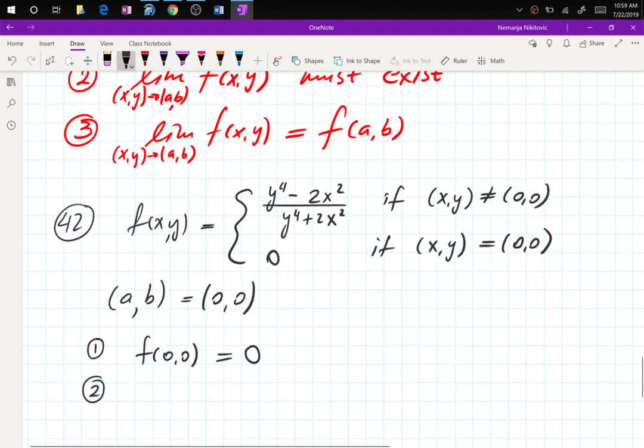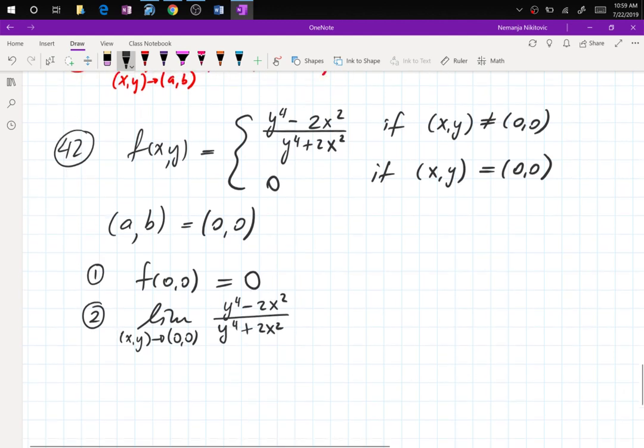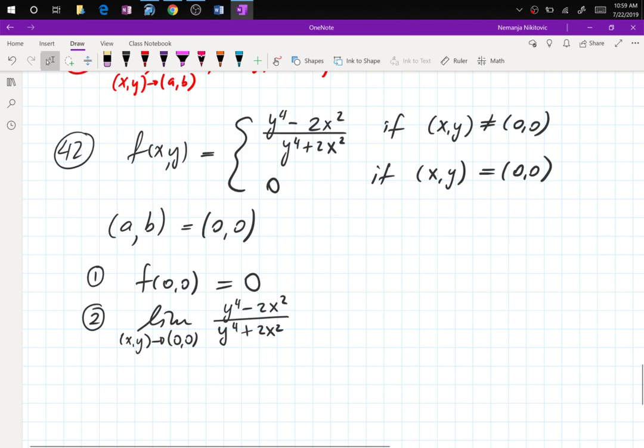Next, we are supposed to find the limit as (x, y) goes to (0, 0), and we are going to look at, obviously, y to the 4 minus 2x squared divided by y to the 4 plus 2x squared, and see what we get in this case.